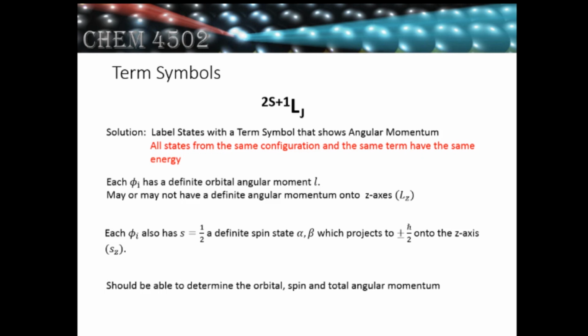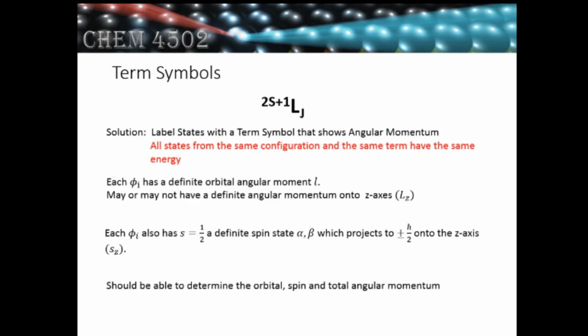But this means that thinking about what the lowest energy state is becomes significantly more complex. We can't get that information from the configurations, so we're going to have a more detailed description of what states our electrons are going to be in by using something called a term symbol.